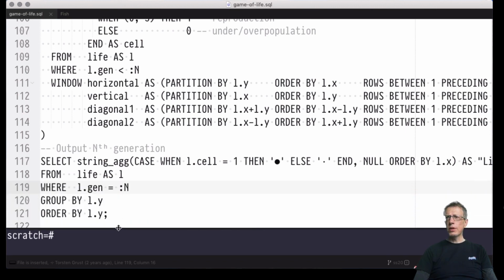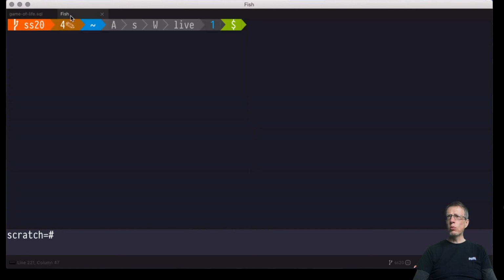I think that should be quite nice to look at. All right, so let's make this window smaller because we will be switching over to the shell here. All right, and what I brought with me is a shell script that's called Conway that I can supply with an integer parameter, and this means that this script will now invoke the PostgreSQL query with a generation n of 0 to display the initial grid.